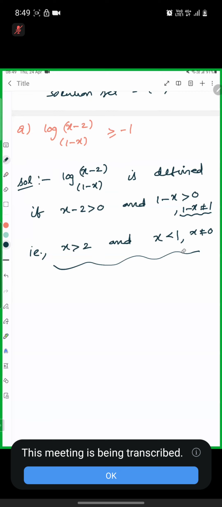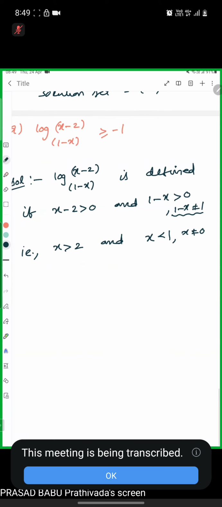Now, what are the common values of this and this? I am talking about common values. Whenever you talk about an interval, on the left hand side you must have the least value.